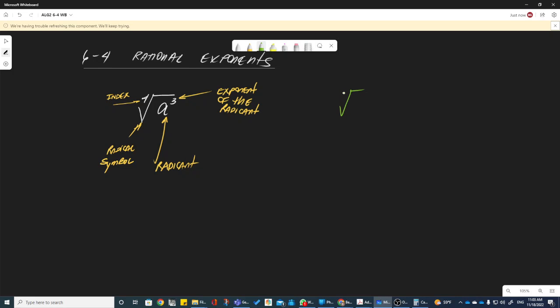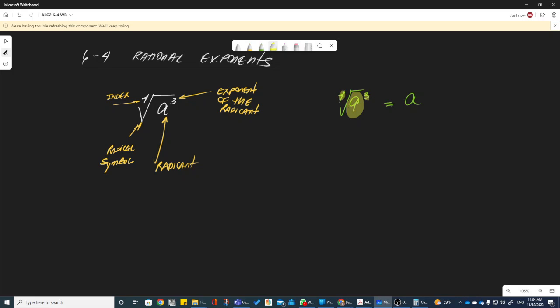So if you were to solve or simplify this radical expression, you will have to think about these as a number with an exponent. If you were to simplify this, you will take the radicand out of the box, and then you will take these two numbers and you combine them.